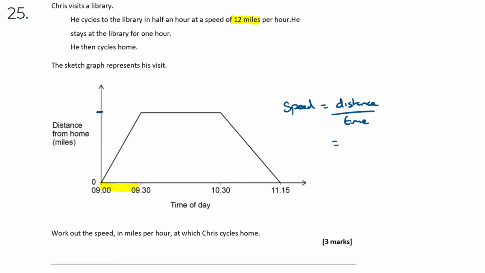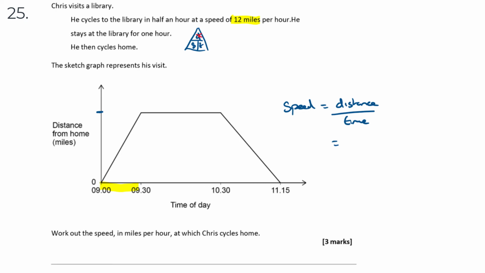Okay, so we're going to actually do this in two goes then. We're going to have to use speed, distance, time to find the distance he originally travelled, and then we use that in our second calculation. So the DST triangle helps us rearrange this formula. First off, we want to know the distance. If we cover up the thing we want to find, the d, it tells us what to do with the other two.